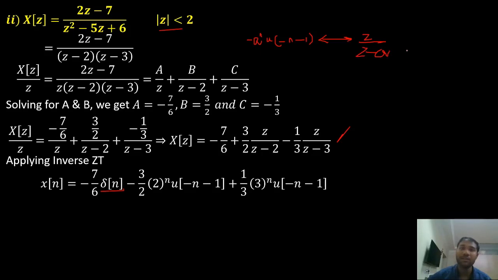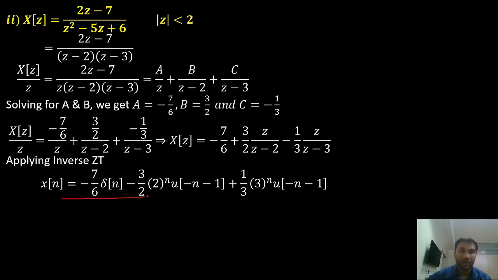Here a is equal to 2, so negative 2 power n into u of minus n minus 1. Similarly, here I have minus 1 by 3 and a is equal to 3. So minus and another minus become plus, and I have 3 power n u of minus n minus 1.